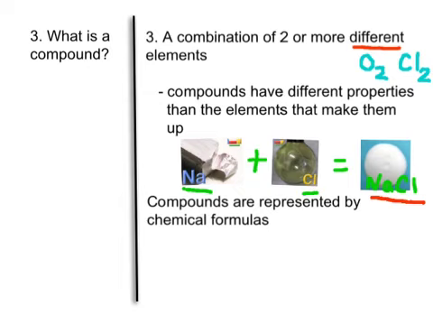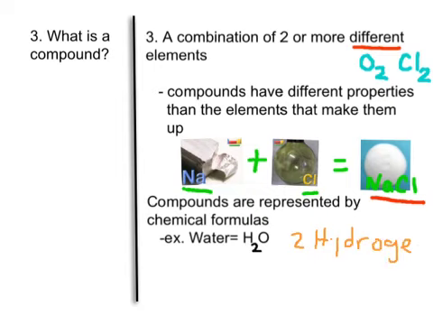All right, another example is water. Water's chemical formula is H2O. So it tells us that water is made from 2 hydrogen atoms, so 2 hydrogens, and 1 oxygen atom.